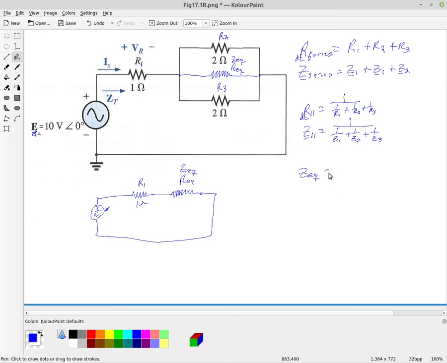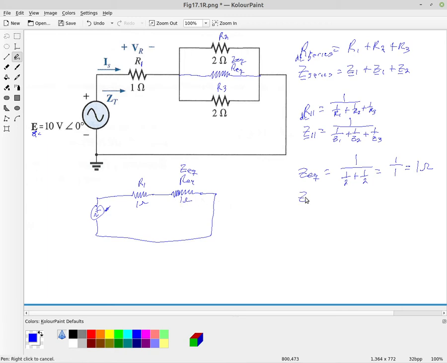And so that is going to be 1 over 2 ohms plus 1 over 2 ohms. Okay, there's no phase angles because we only have resistances. And so that gives us 1 over 1, or simply 1 ohm. So we have 1 ohm here.